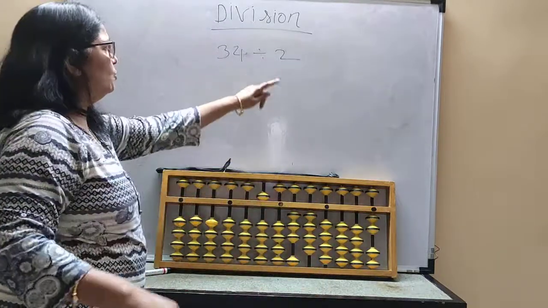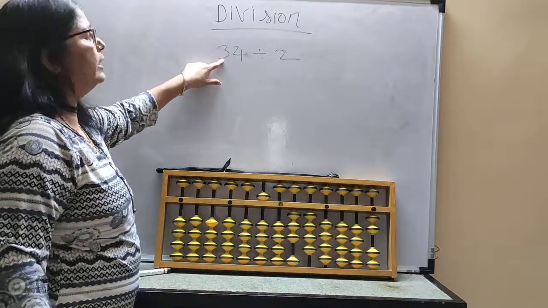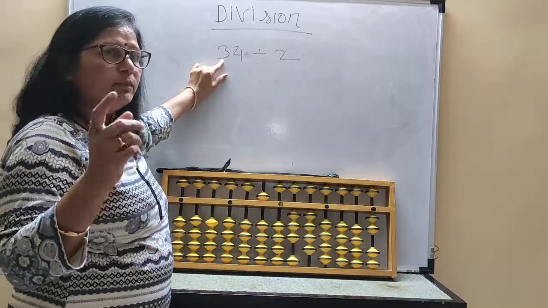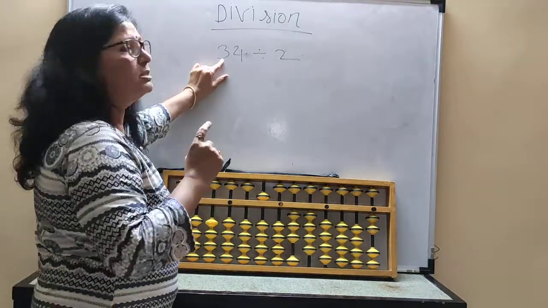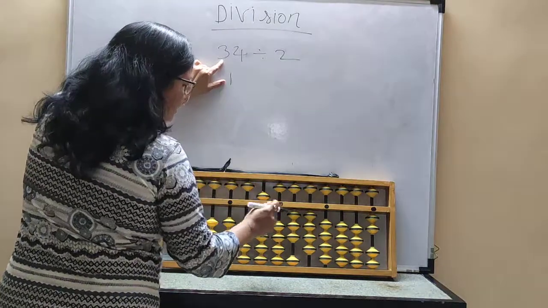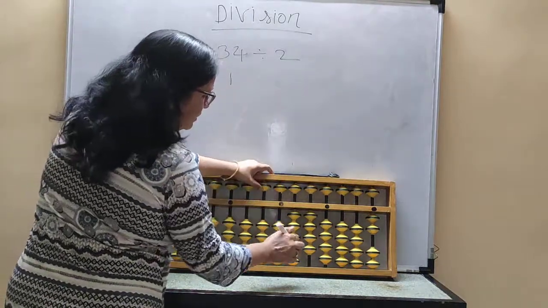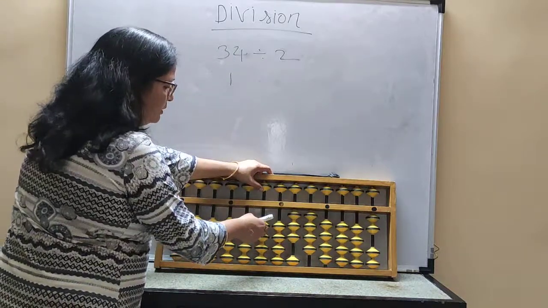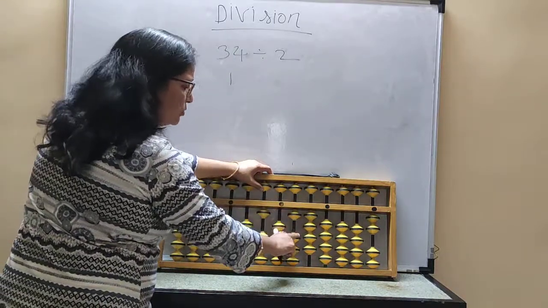Now I have to say 2's table till 3. In the 2's table there is no 3, so we take 2 ones are 2. Then quotient is 1. Where should I put 1? See, this is 3 and this is 2. This is greater, so I have to jump. 2 ones are 2 and I subtract 2.